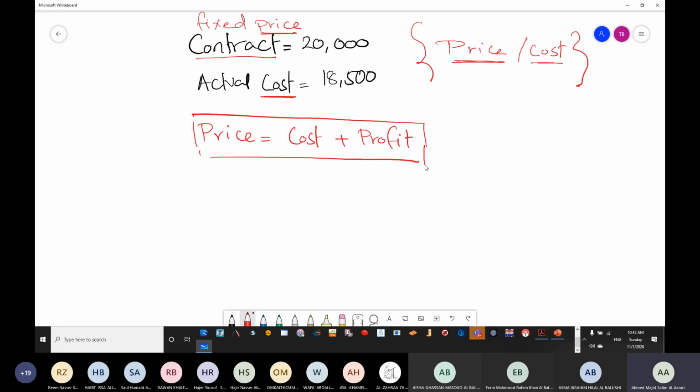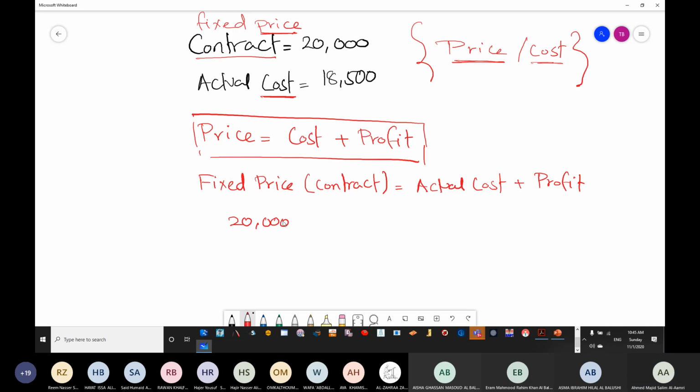So we can say that this is the fixed price, which is the contract that we have signed, equal to the actual cost plus the profit of the contractor. We have the fixed price to be 20,000 Omani Riyal.